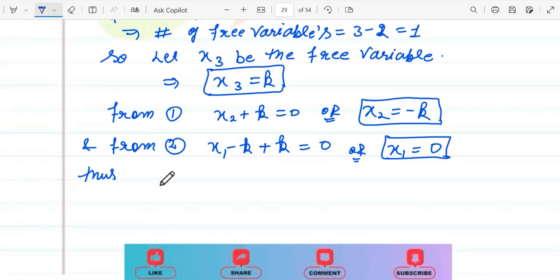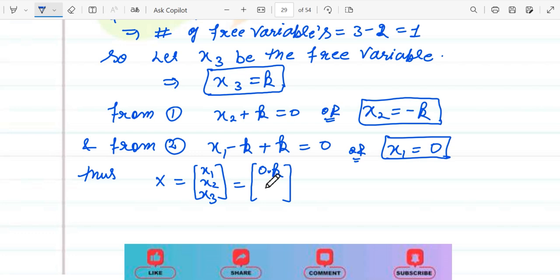Thus x is equal to x1, x2, x3 is equal to 0, k, that is minus 1 into k, that is 1 into k.